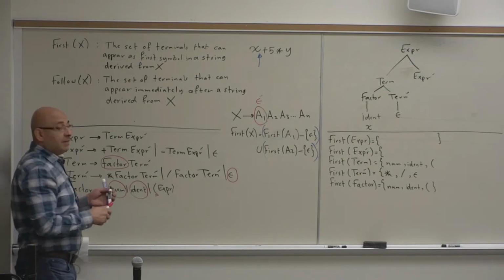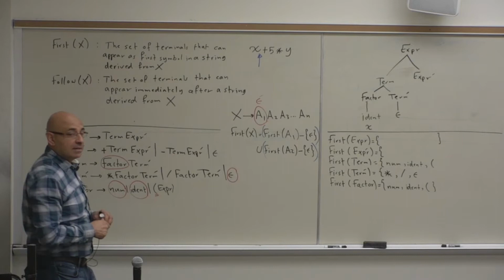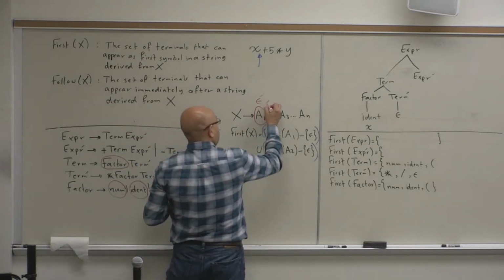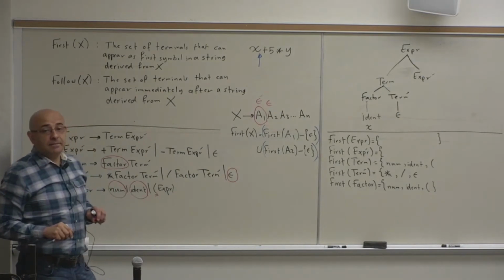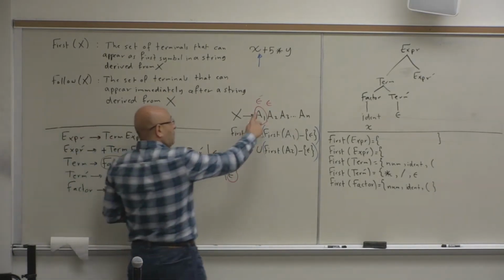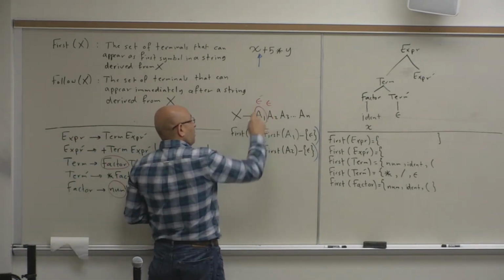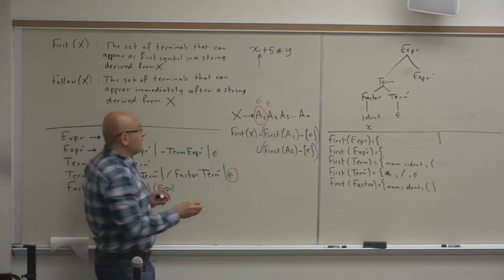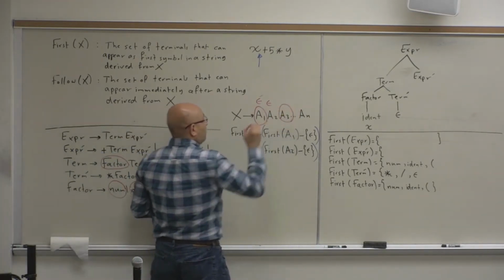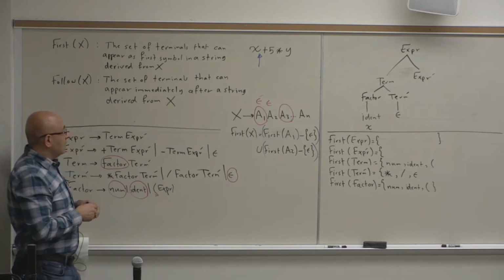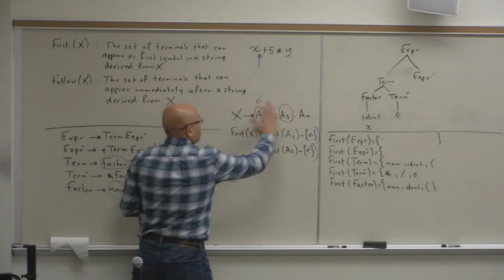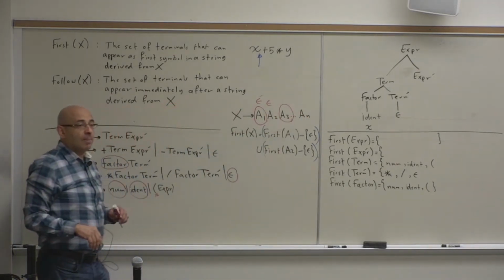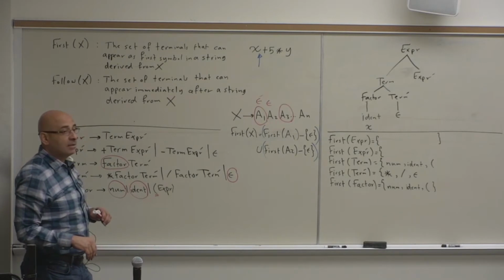No. What if A2 has an epsilon in its first set? If this can be an epsilon, then an X may start with an A3. So if we can substitute epsilon for both A1 and A2, an X may start with an A3. And then we should include everything in the first set of A3. And how far should we go? Or when should we stop?